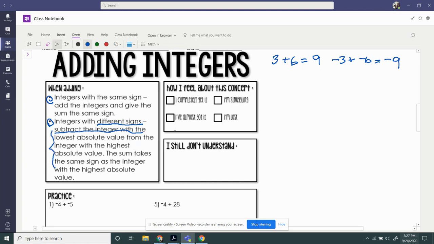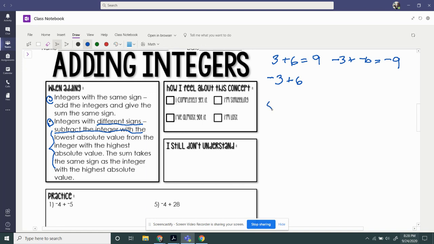And then after we do that, our sum will take the sign of the integer with the highest absolute value. So if we have negative 3 plus 6.